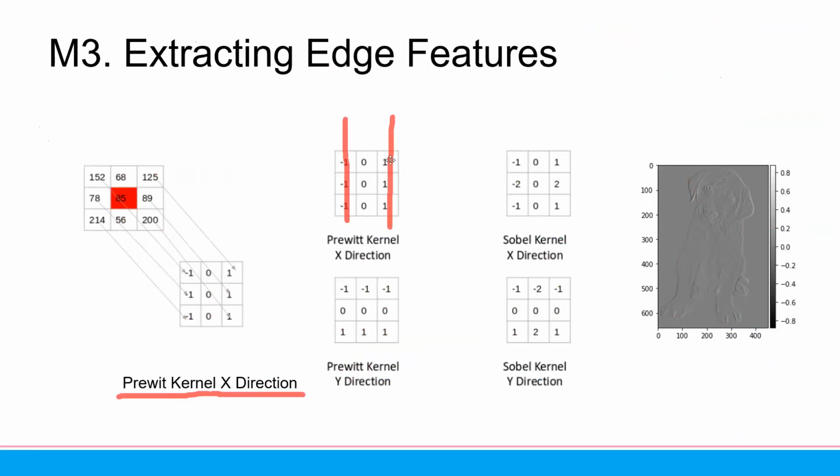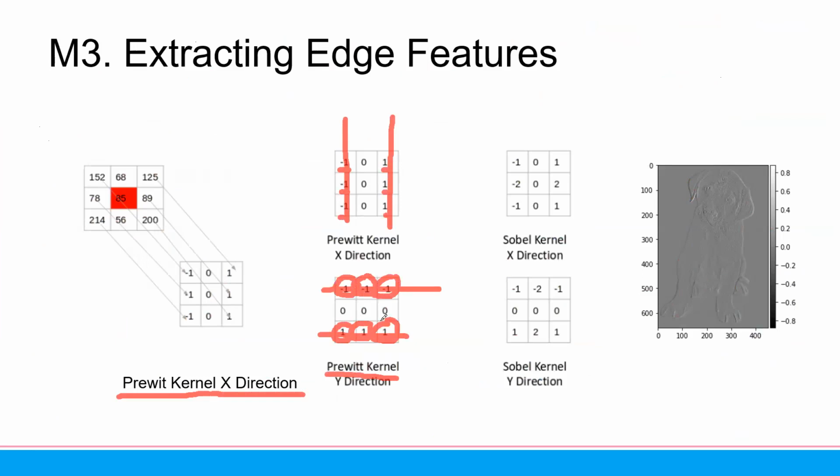The right contains positive 1 and the left contains negative 1. If we call it the Prewitt kernel Y direction, we have the top and bottom. The top shows minus 1 and the bottom shows 1.